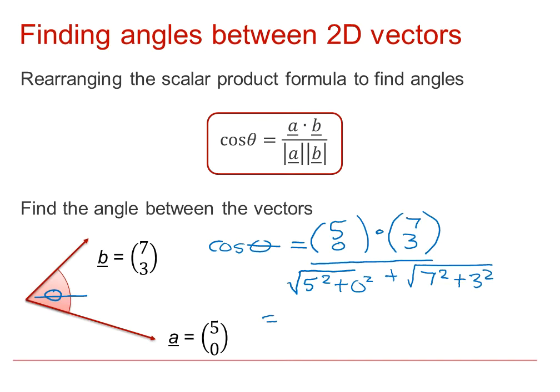So this is 5 times 7 is 35, plus 0 times 3 is just 0, divided by the square root of 5 squared, which is simply 5, times the square root of 49 plus 9, in other words, the square root of 58. If you put this into your calculator with inverse cos, you will find that theta is approximately 23 degrees to the nearest degree.